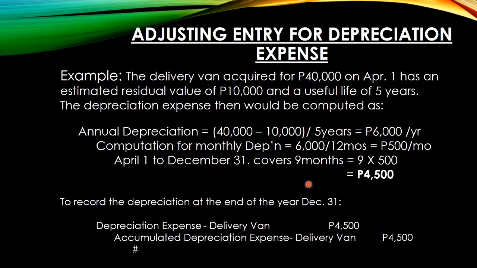So the pro forma of our journal entry will always be like this: debit expense, and you credit a contra asset, which we refer to as accumulated depreciation. As to the amount, of course, you have to apply the formula of the straight line method.